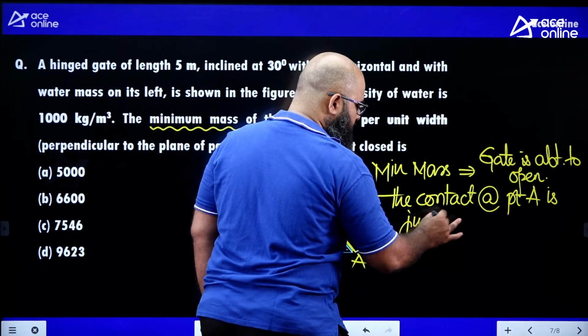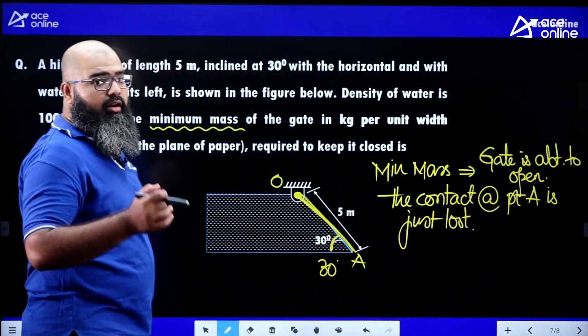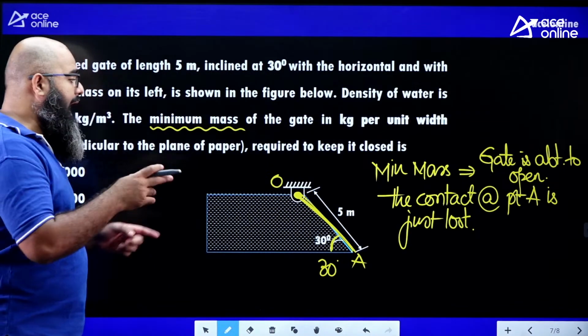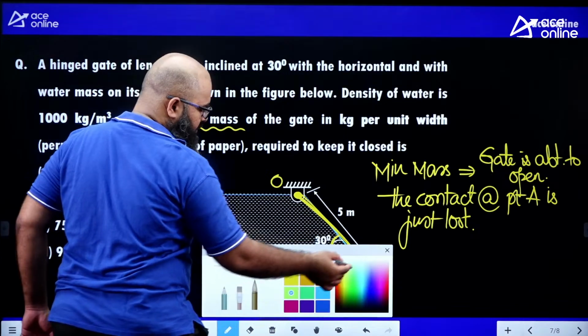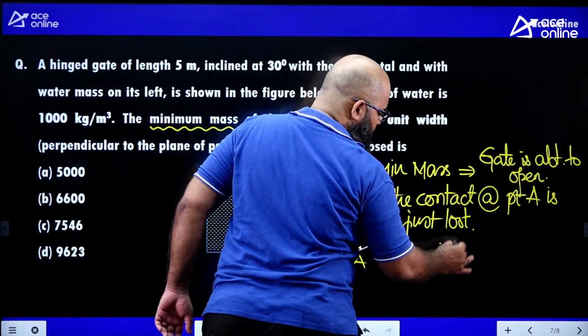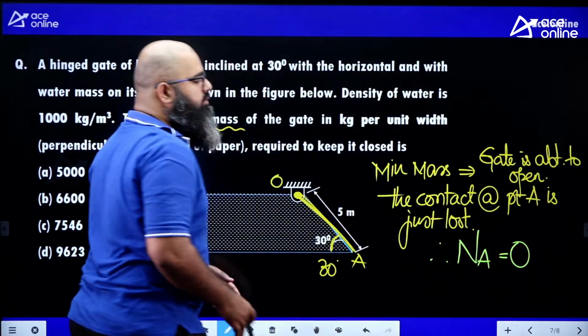Now, if the contact is being lost, therefore the normal action reaction pair at point A must become equal to 0. This is a very important point. Therefore, the normal action reaction at point A must become equal to how much?